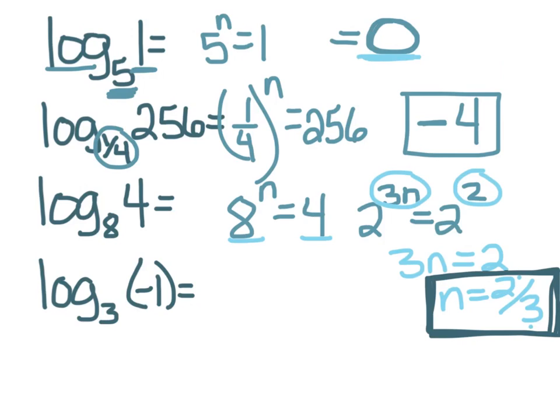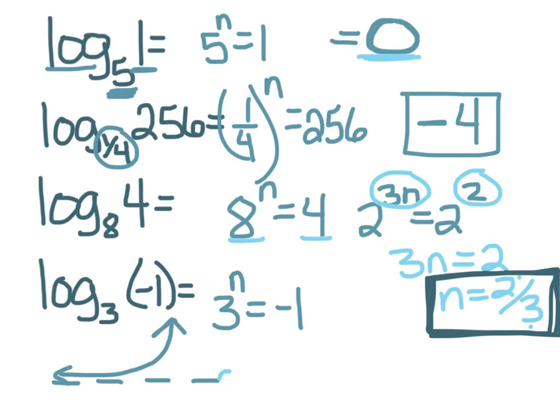All right, and then this last one, log base 3 of negative 1. So 3 to the what is negative 1? And I can't think of anything that I could raise 3 to get negative 1. I can't take a root of 3 and get negative 1. I can't make them have like bases. And really, if you graphed 3 to the x, it would be an exponential growth problem with an asymptote at y equals 0 and going up.